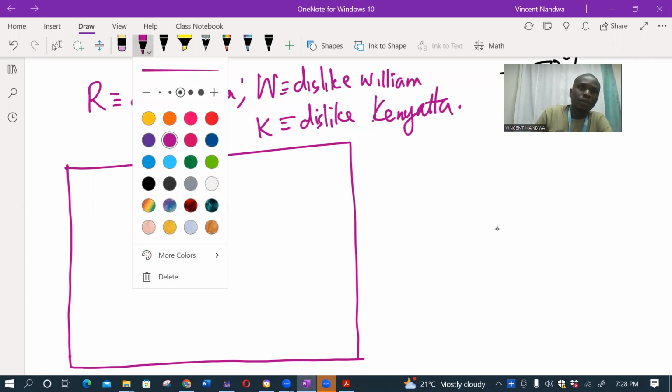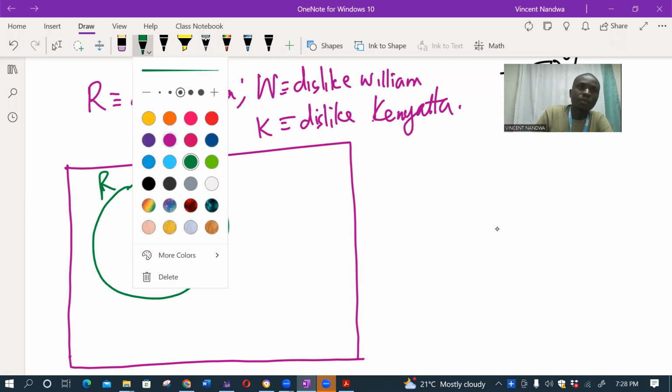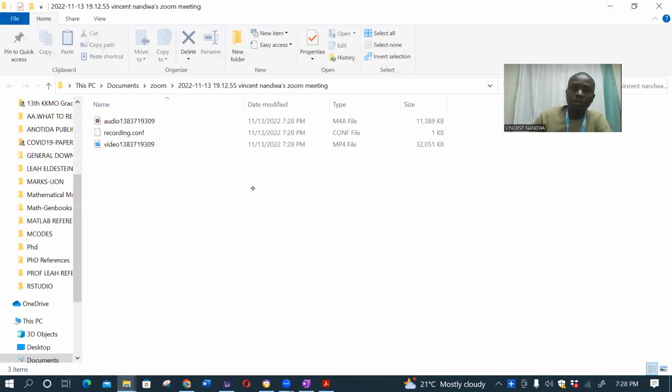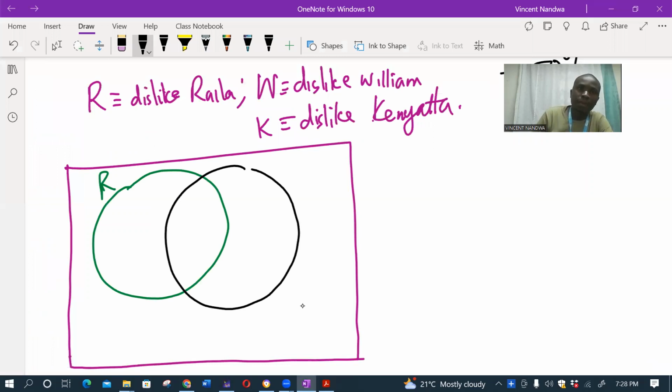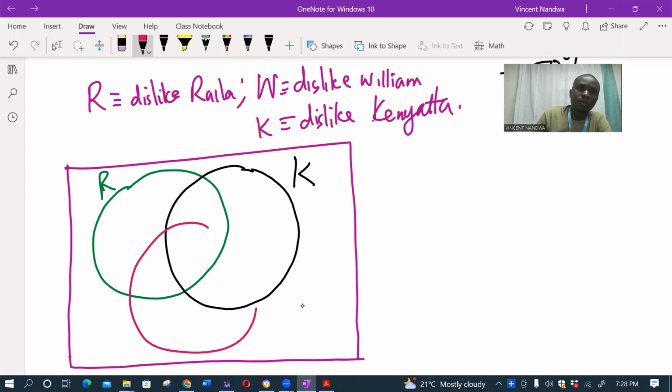Within this rectangle, we'll have 3 circles. So let this be R, set of those who dislike Raila. Let this be K, those who dislike Kenyatta. And let this be W, those who dislike William.